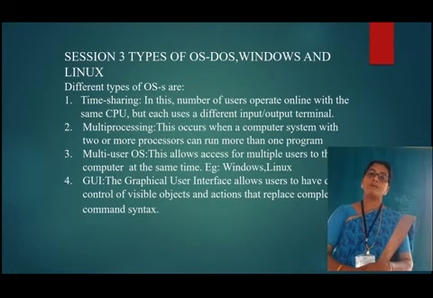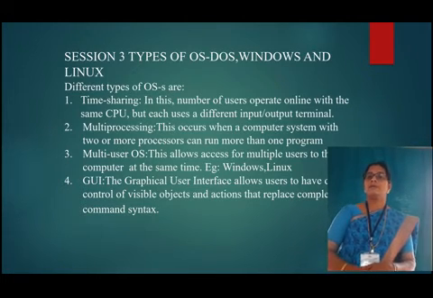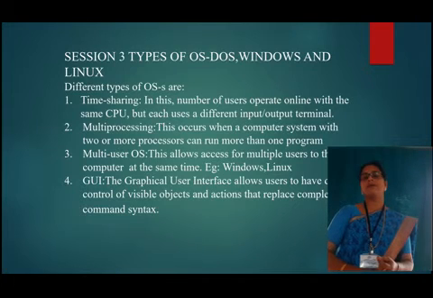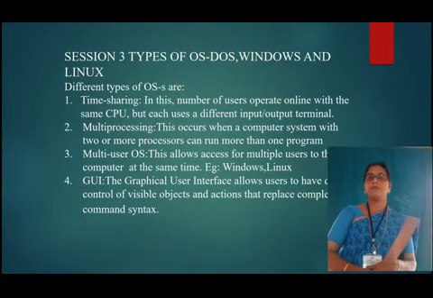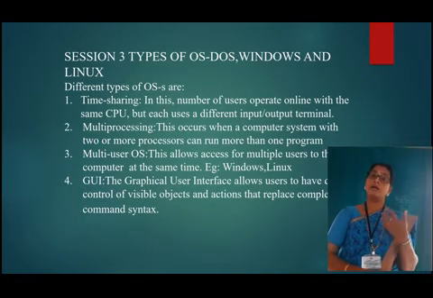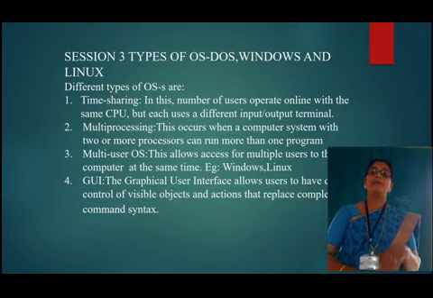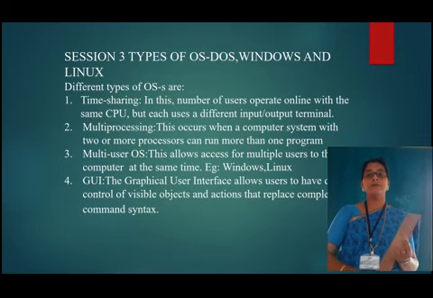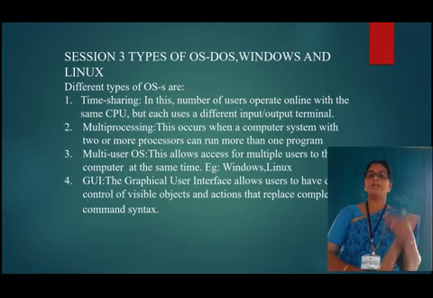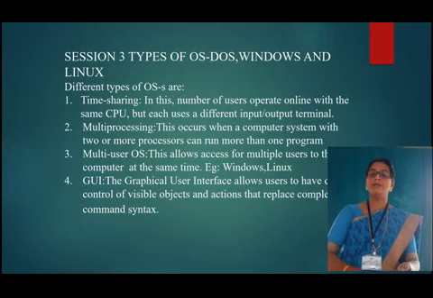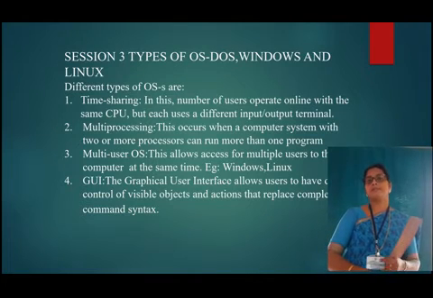Then there is the multi-processing operating system, where multiple processors are there for the different users. Then the next one is a multi-user operating system, where multiple users can work on a single CPU. So time sharing and multi-processing operating systems are there. Then multi-programming operating systems are there.